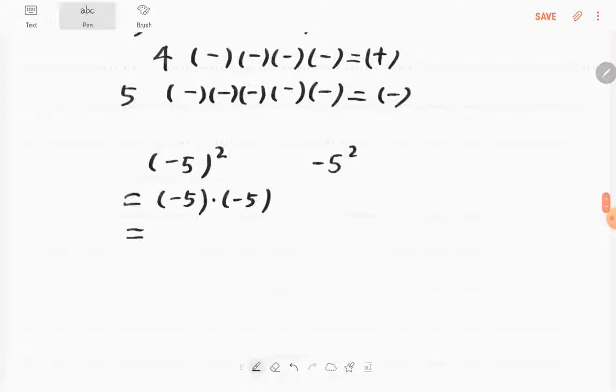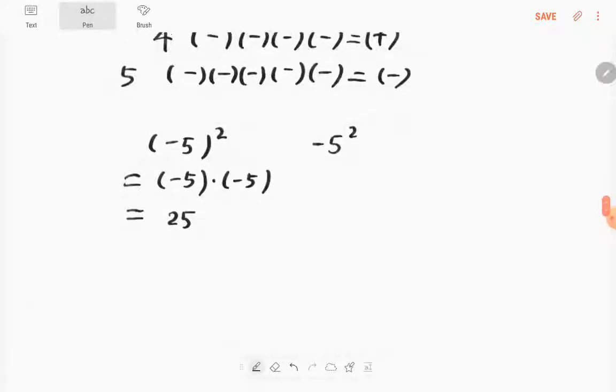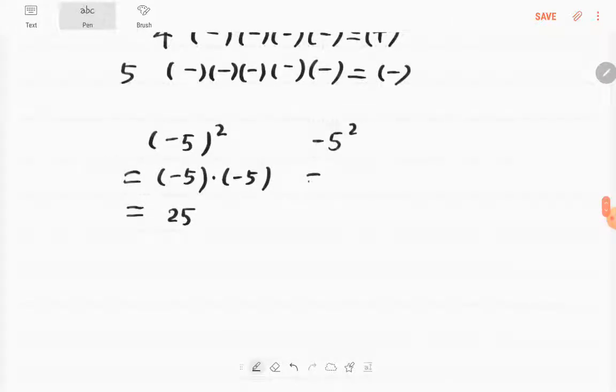So when we do the multiplication of negative numbers, we realize they have the same sign, so our answer will be positive 25. Same sign, negative, negative. But for the second one, this time we keep the negative sign because 5 is just the base.